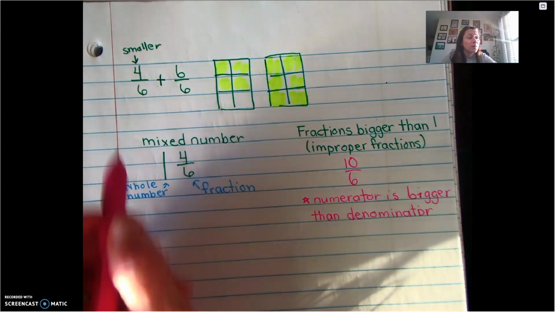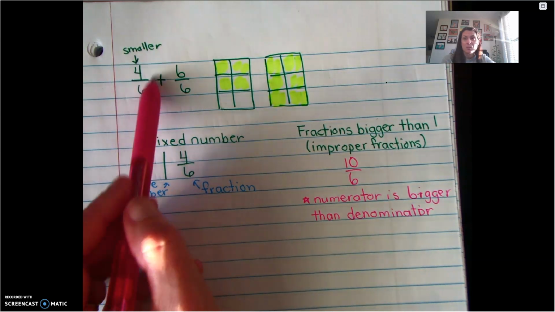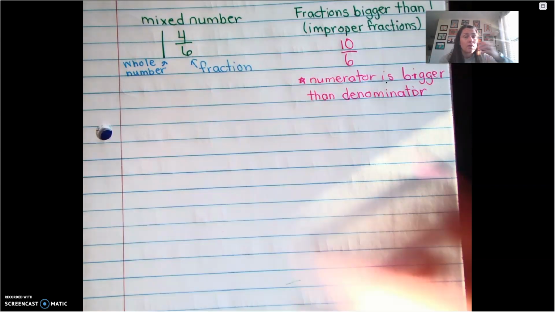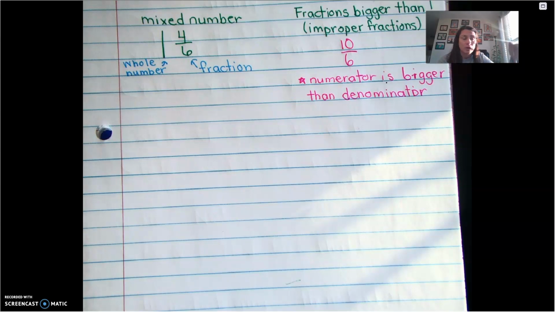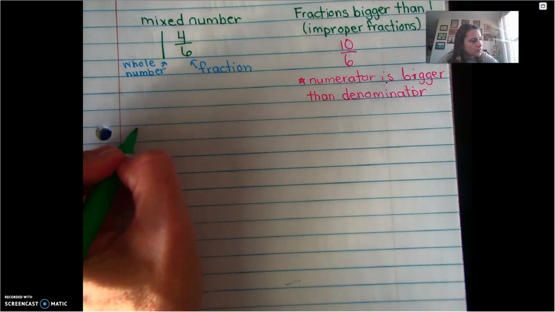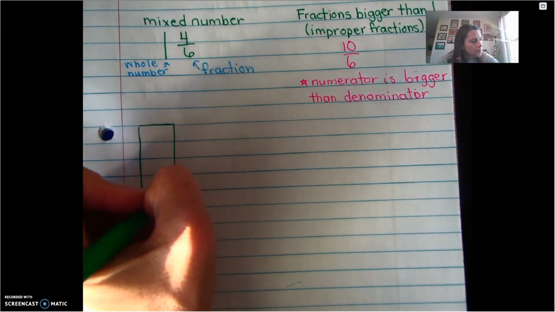So far, we've only been working with fractions where it doesn't have a whole. It only has the small parts. All right, so I'm going to draw a fraction, and then we're going to write it as a mixed number, and then we're going to write it as a fraction bigger than 1. So here is our first fraction.